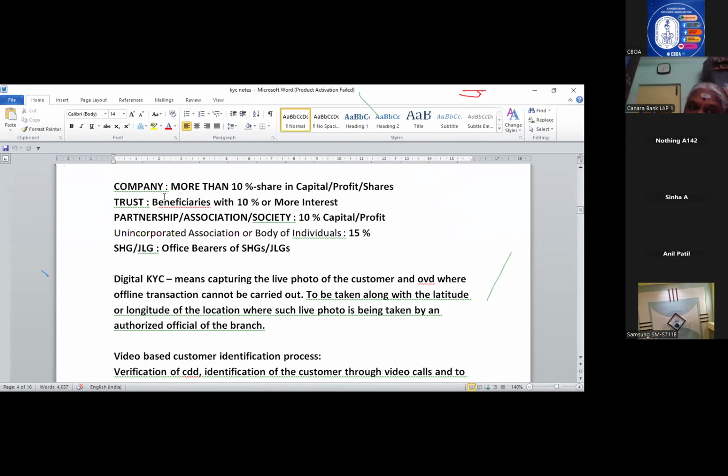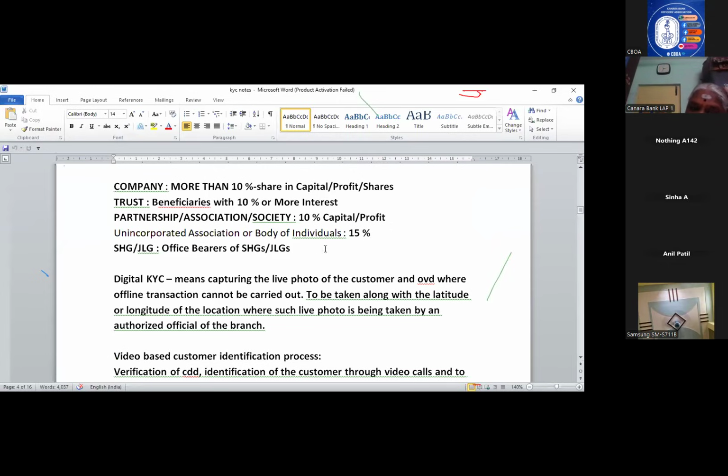In a company, the person who is having more than 10% of share in capital or profit or shares, he becomes the controlling authority. In a trust, beneficiaries with 10% or more interest, they become the beneficial owner. Partnership, association or society, 10% of the capital or profit.